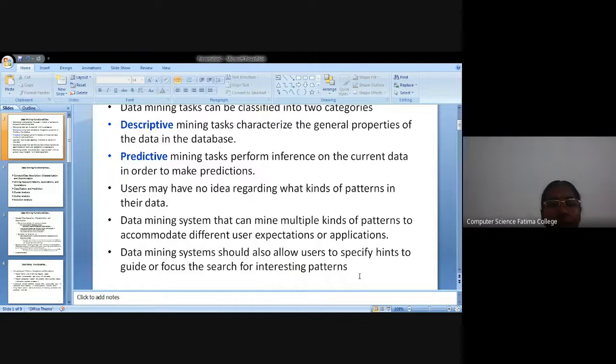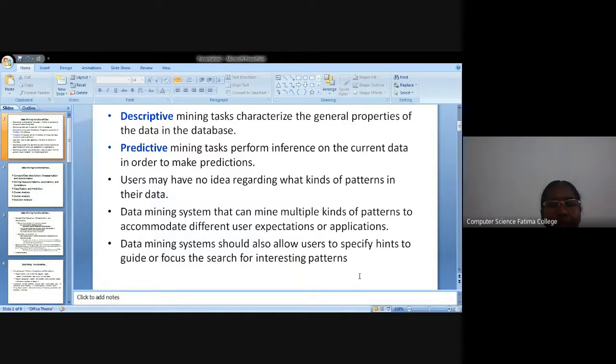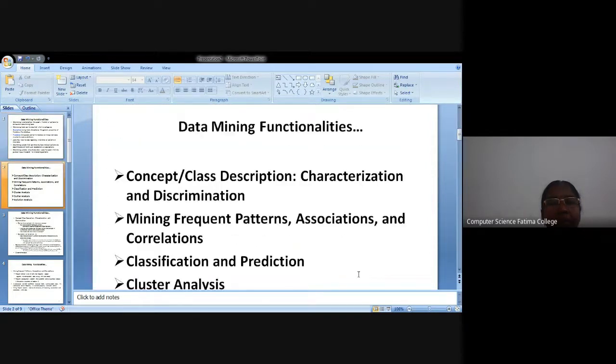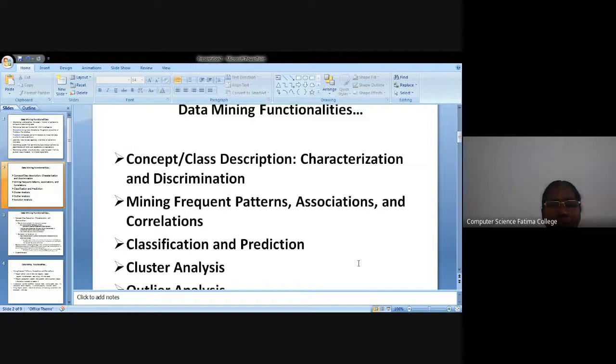Now we are going to find different kinds of interesting patterns in the large data set by applying the following six functionalities in their unique ways. The first one, characterization and discrimination of data in the data set.